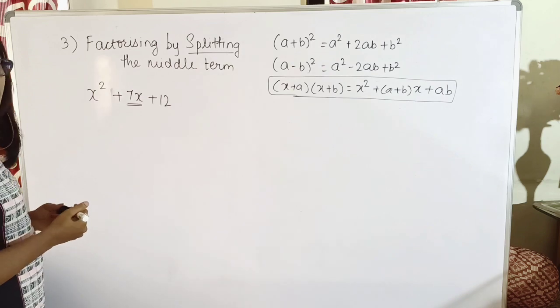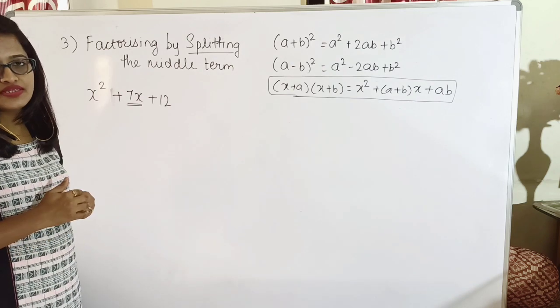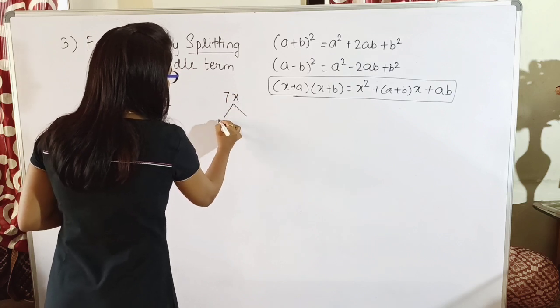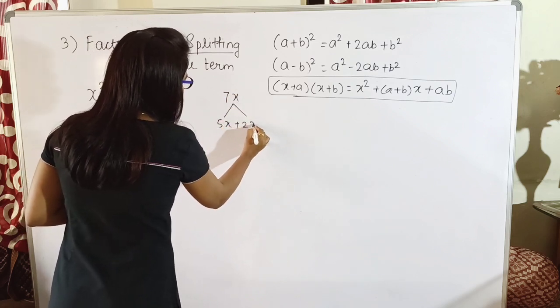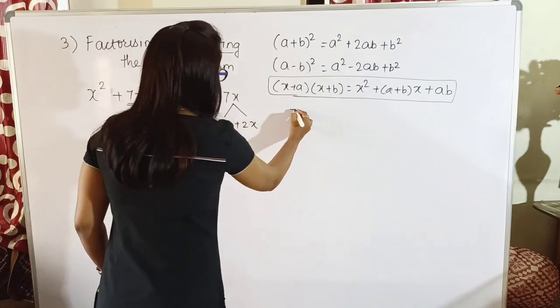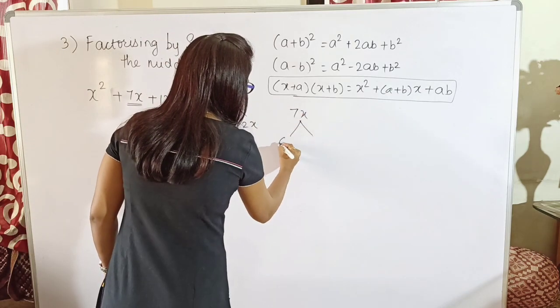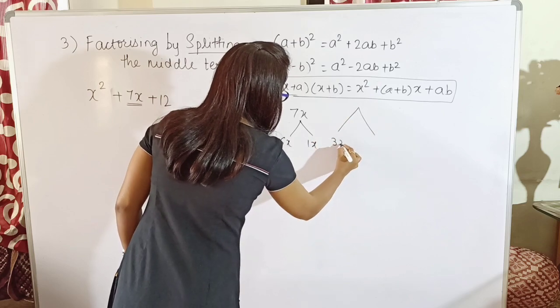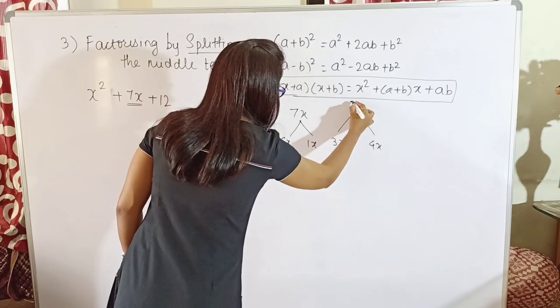7x. What we have to do? We have to split it. Split it means, see, 7x could be written as 5x plus 2x also. Or else 7x could also be written as 6x plus 1x, or it could also be written as 3x plus 4x.